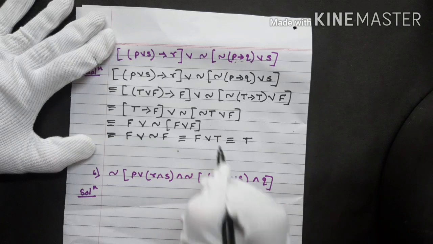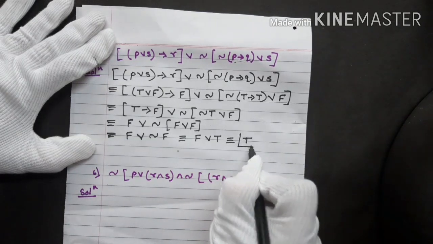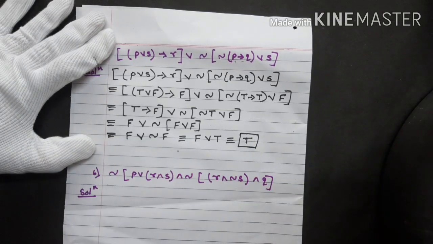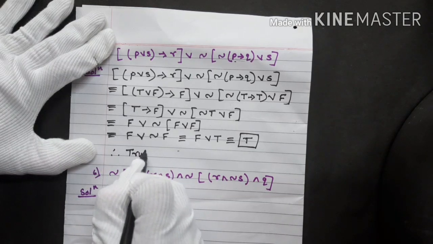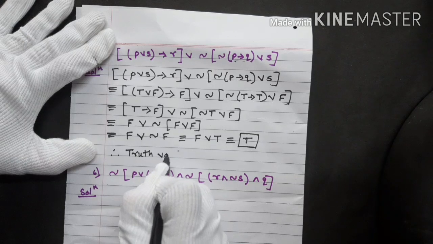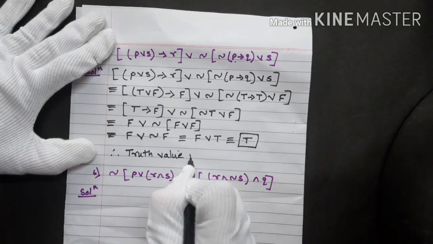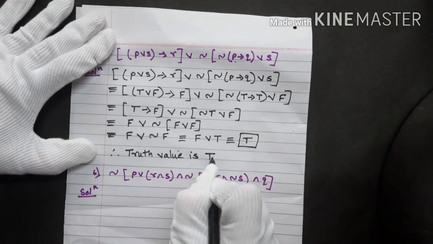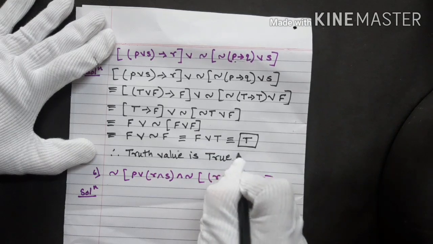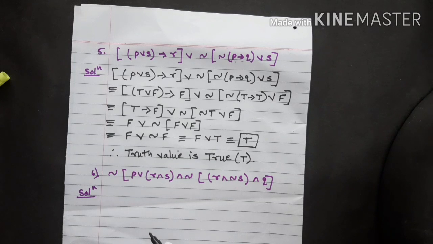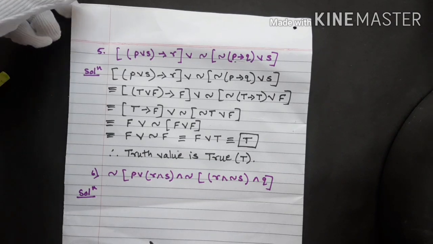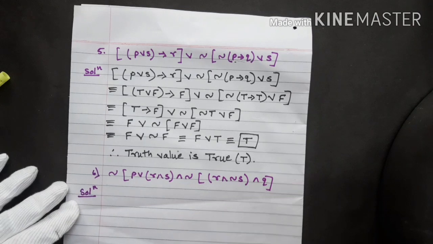Correct? F or T is true. So this is your value. Therefore truth value is true. Understood? Now let's move to the next one.